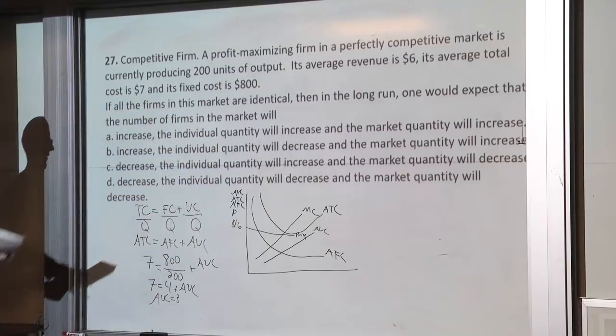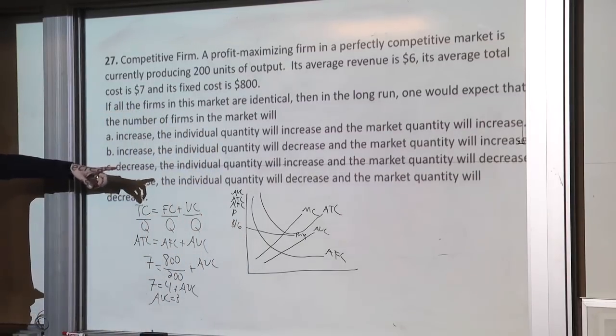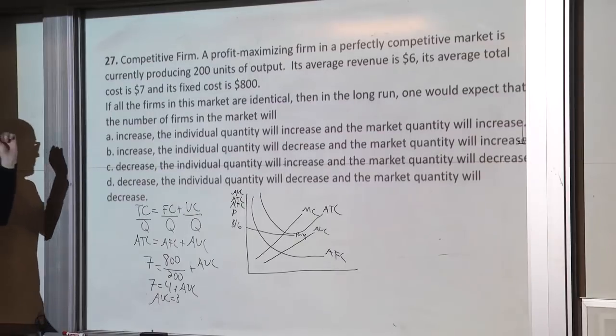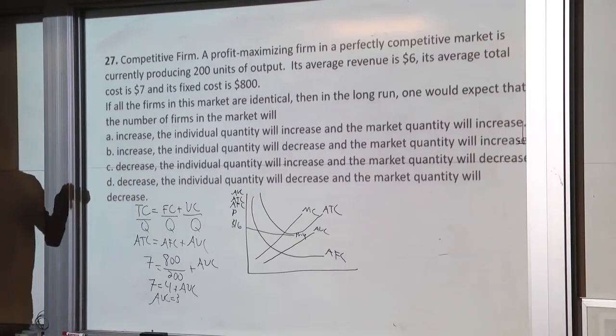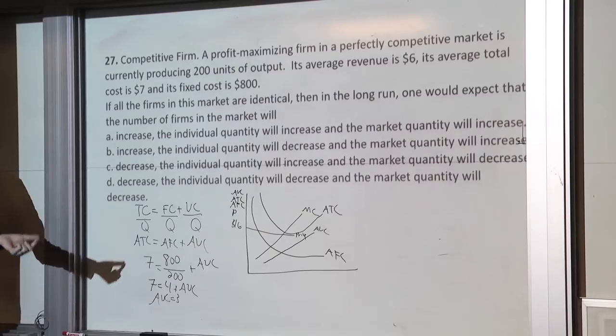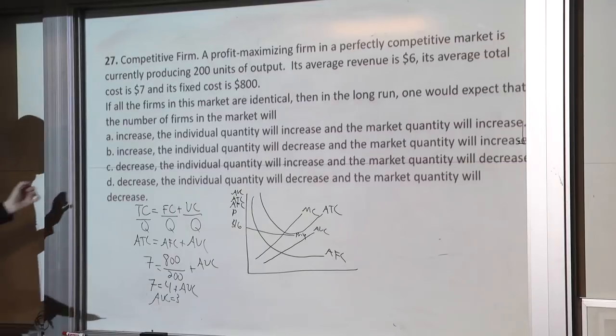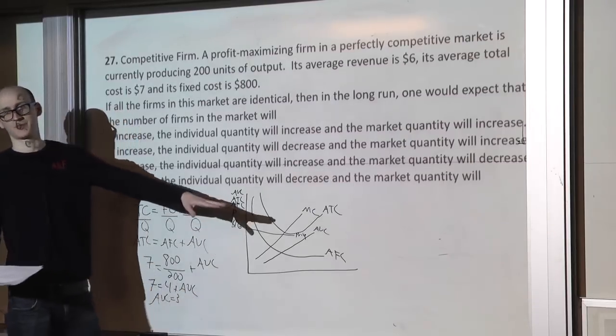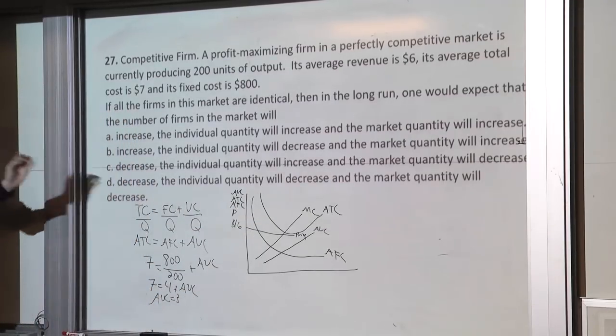And we know that firms will always operate where? Where their marginal cost meets the price, right? Or where their marginal revenue equals, because price is another way of saying marginal revenue, right? In a competitive market, they're price takers, so it will always be the same.